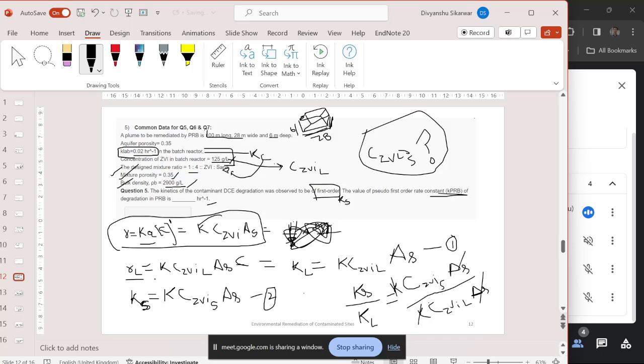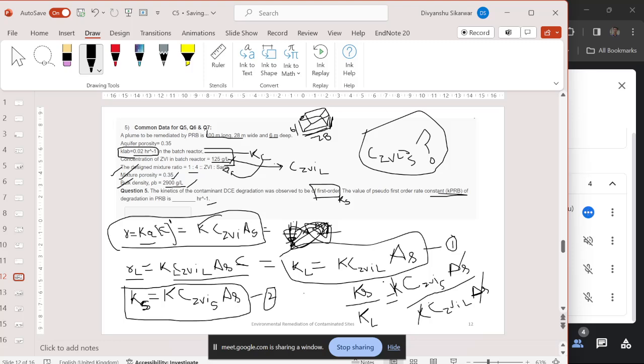So rate of reaction for lab, if we write, this will be the reaction with K L value. We can also write this K L value as K times ZVI concentration in lab and cross section area for lab condition. Similarly, we can write a similar equation for real time soil condition.